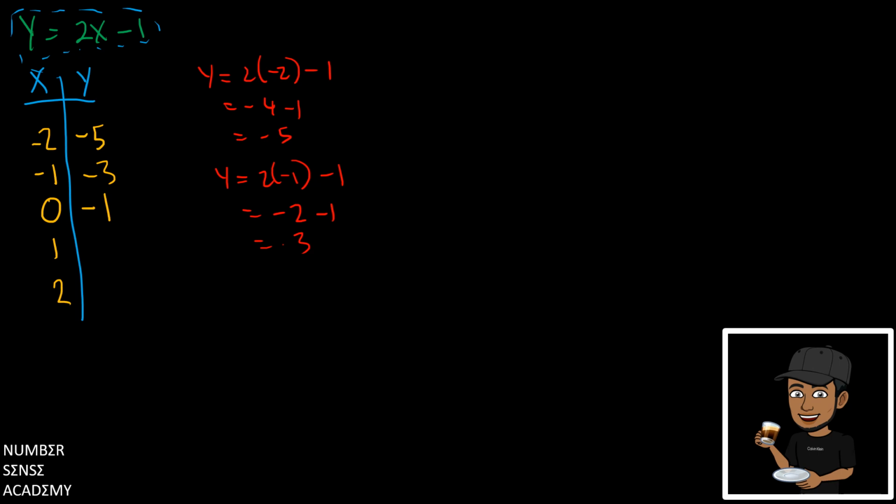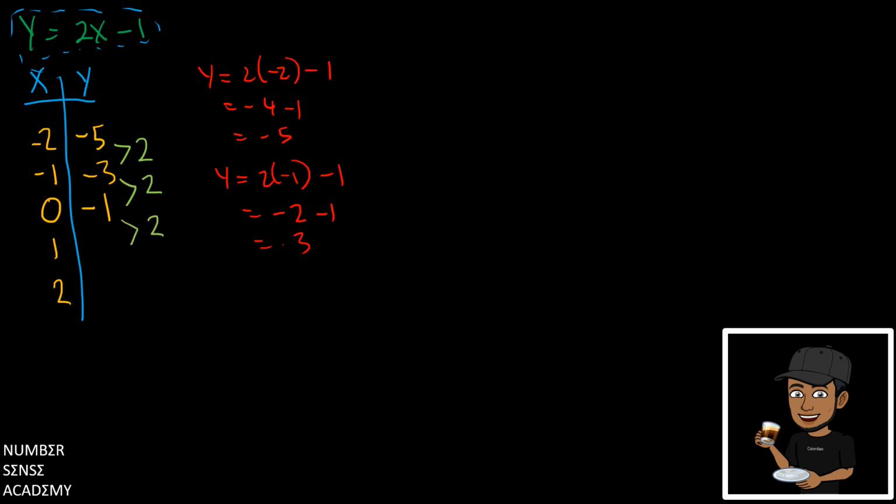You should probably see a pattern there. If you don't, I'll show you. To get from -5 to -3, I just add 2. So the difference here is 2. To get from -3 to -1, I also add 2. So what does that tell me? I just need to do this for the rest of these values.